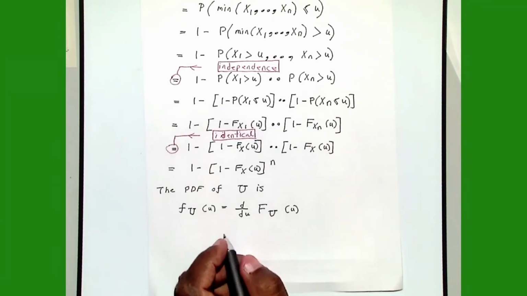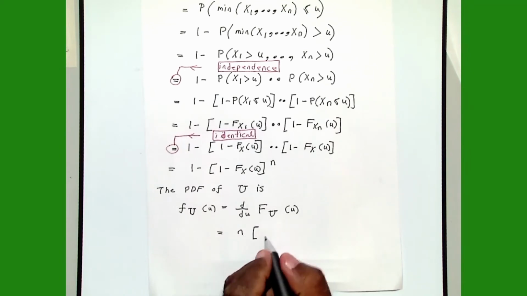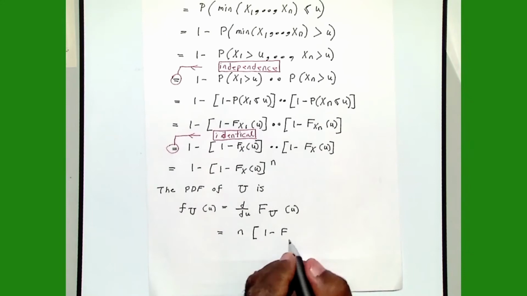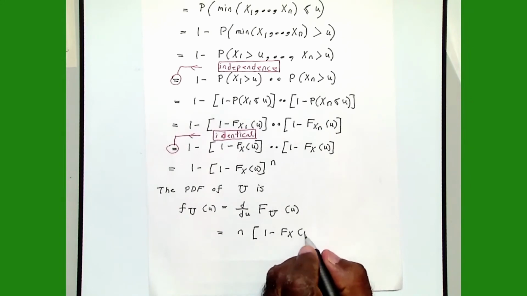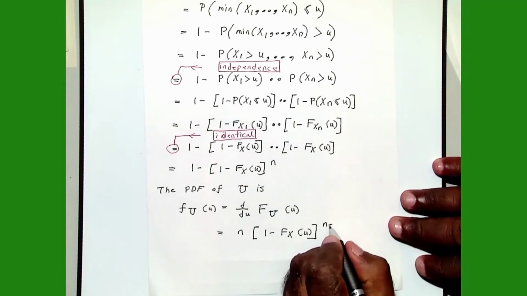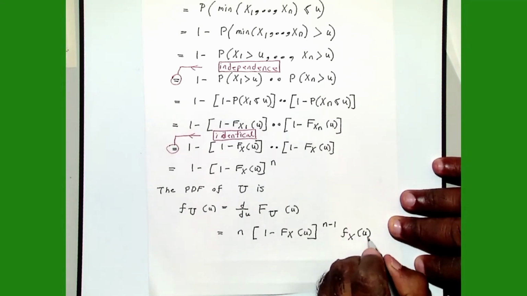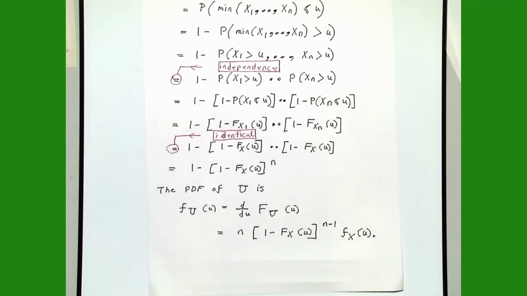Right, so if you differentiate this, you get n times 1 minus F x at u to the power n minus 1 times the PDF. So that's the PDF of the minimum portfolio loss.